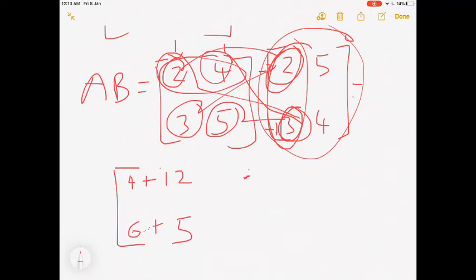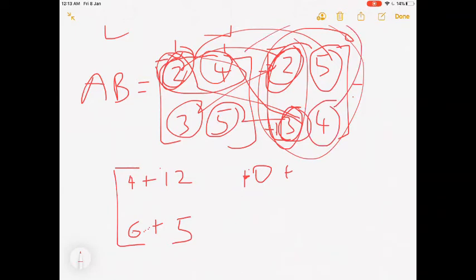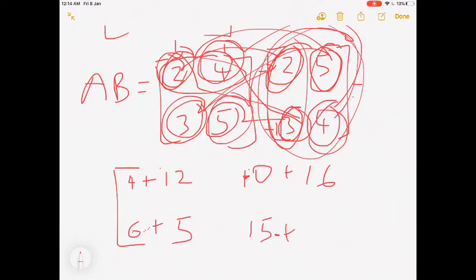That column should go like 5 times 2, which is 10, plus 4 times 4, which is 16. Then down here is going to be 5 times this 3, which is 15, plus 4 times this, which is 20.